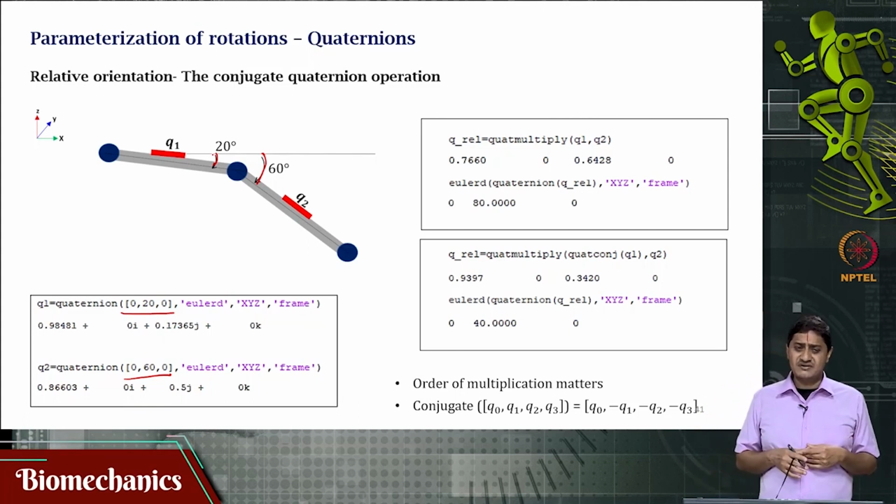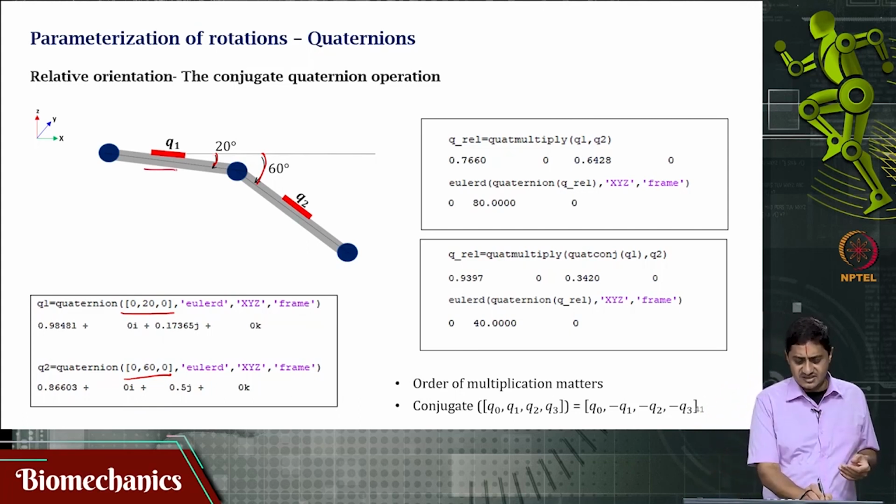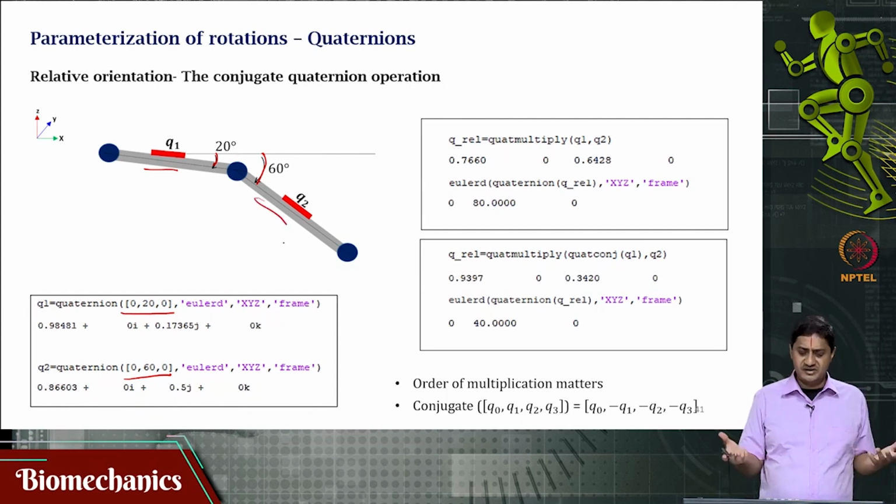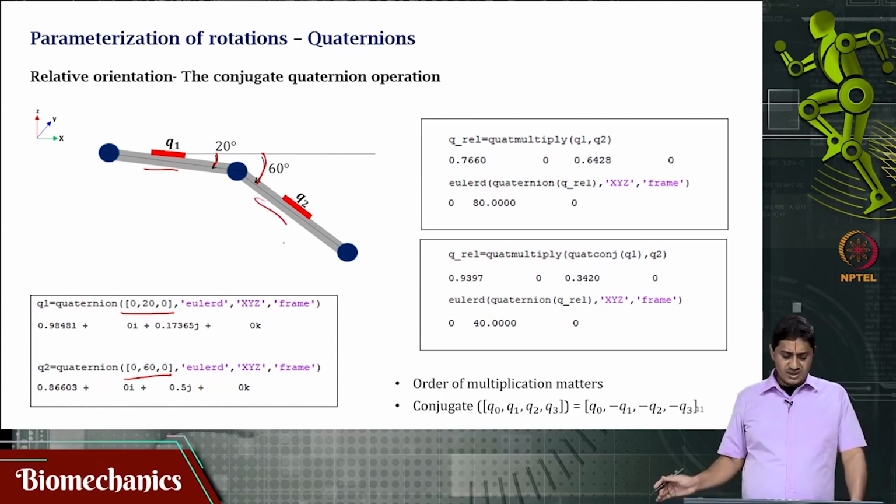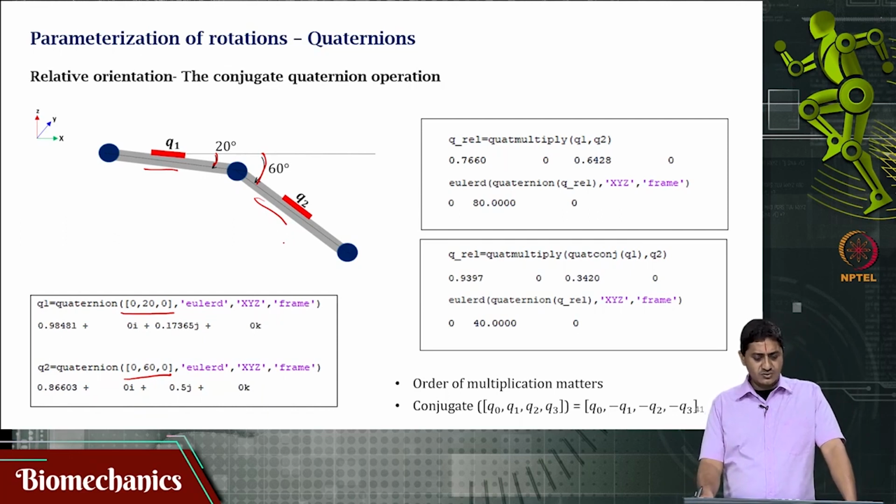Obviously, you know that the relative angle between these, let us say this is the proximal segment and this is the more distal segment, is 40 degrees. So I convert these to quaternions first, and then I multiply the two. If I simply multiply the two quaternions Q1 and Q2 using quat multiply, it is going to add the angles, like we did in the complex number case, and I get the sum of the two angles.